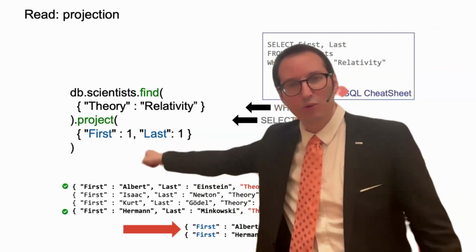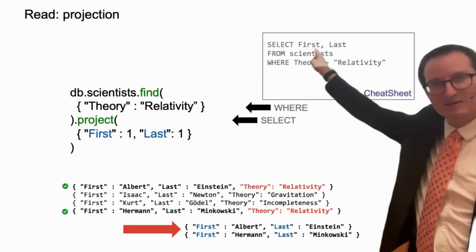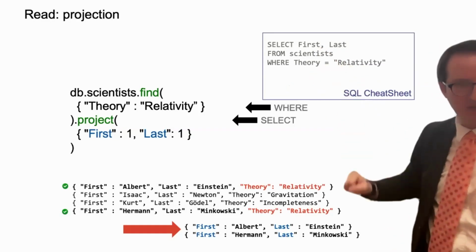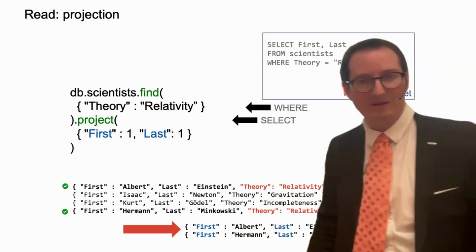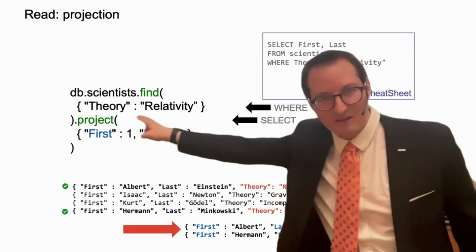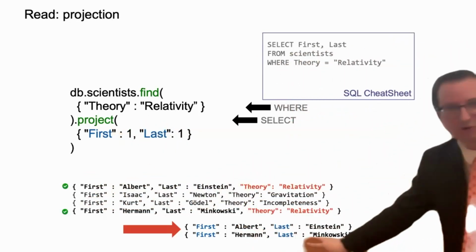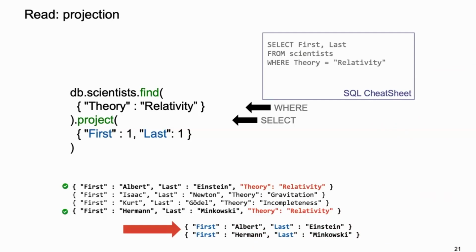So in that case, we include first and last, and you have first and last in here. That would be in the select clause if we were using SQL. I still kept the selection criterion that is here, but this is the idea. So basically, if you add this project here, it's going to return these two documents, but projected onto first and last. We still with me?